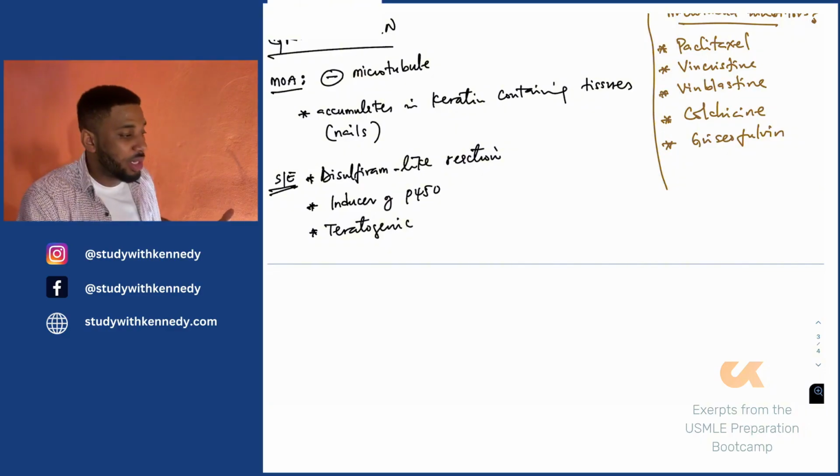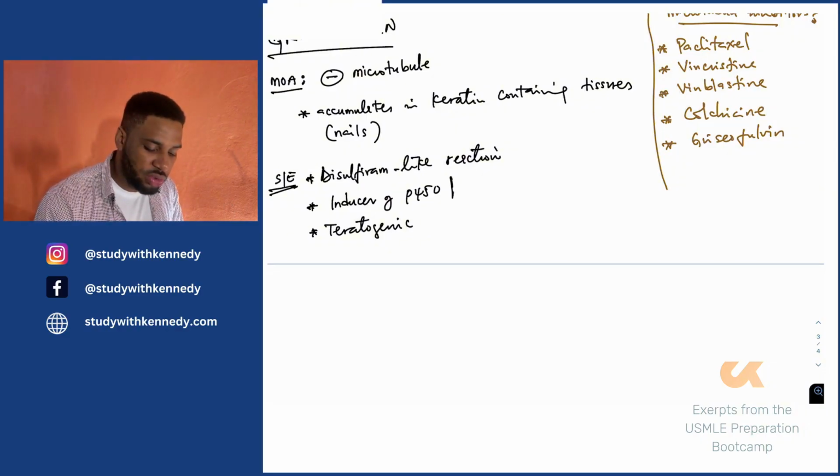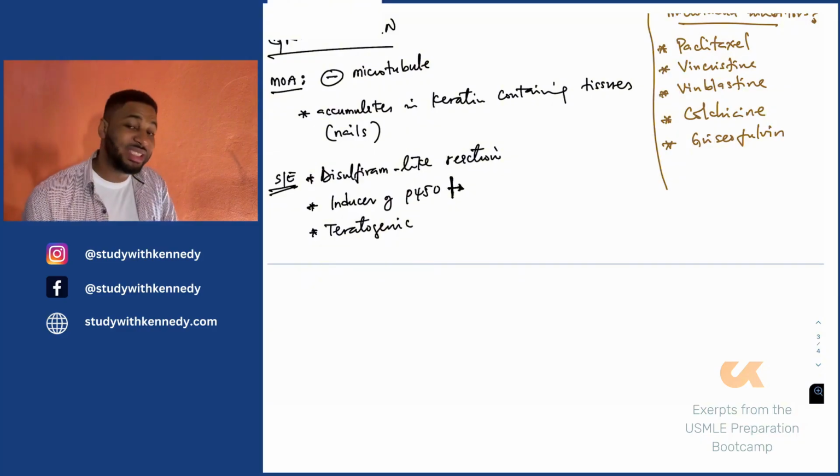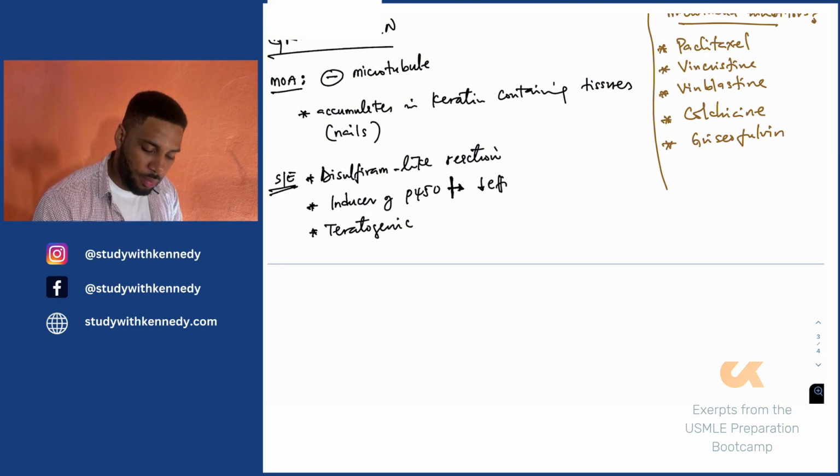So pregnant women are probably not going to be taking this medication. If this medication induces P450, the implication is that if you take it with certain other medications, it's going to decrease the efficacy of those medications. Say, for example, warfarin.